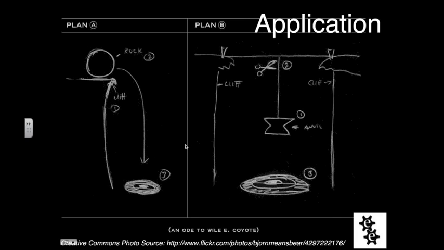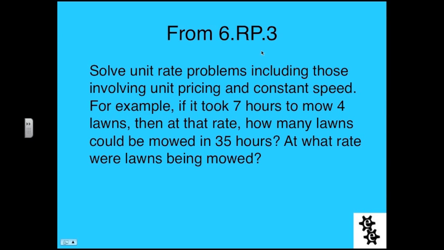There are a couple of examples here too. First, again, from the 6th grade, talking about unit rates. The standards specifically mention application and how this sort of math can be applied, encouraging teachers to incorporate that in their teaching.